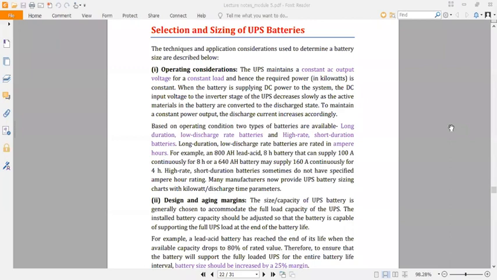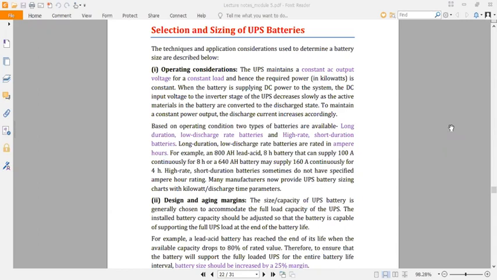One of the main components was the battery, so we discussed the battery system in detail: what is a primary battery, a secondary battery, and the different terms related to the battery, that is the depth of discharge and the state of charge. We have already discussed these in so much detail in the previous class.